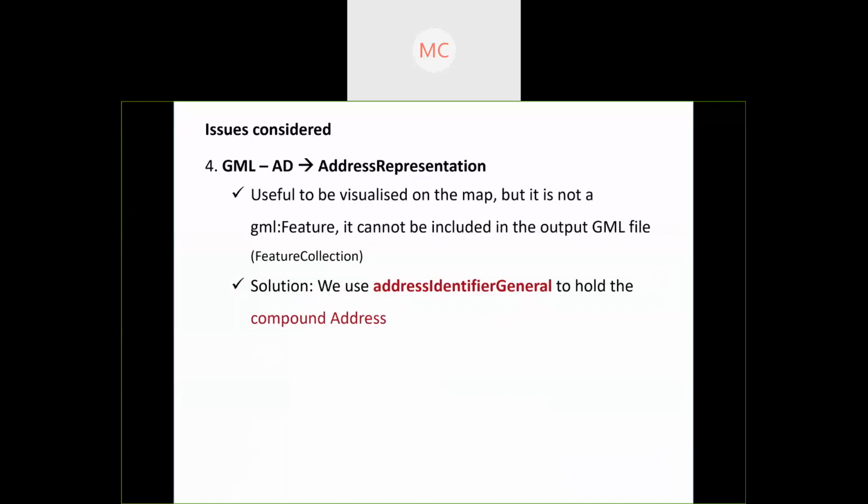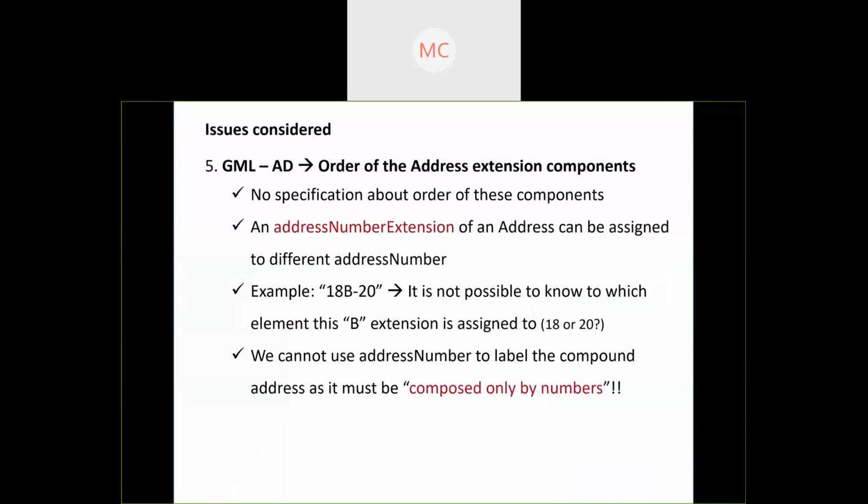Issue number 4. The address representation in GML addresses could be very useful to visualize the compound address on the map as a label, but it's not a GML feature, so it cannot be included in the output GML file. And our solution was to use the address identifier general to hold the compound address. Next, please.